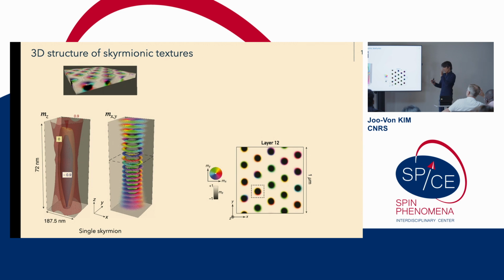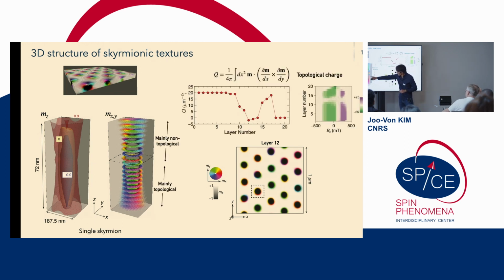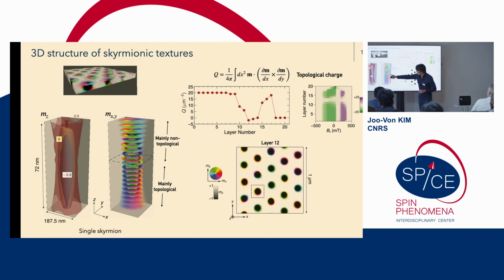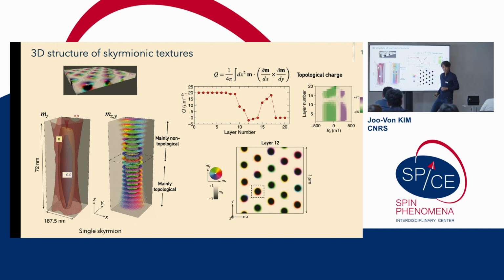And if we have a look at this in some detail, so if we just pick one of these skyrmions here and plot out the three-dimensional structure, we see these kind of long cigar-shaped objects. And you'll note that half of the structure is mainly topological, but the top half is not. Okay, so this is a result of competing DMI and dipolar interactions.